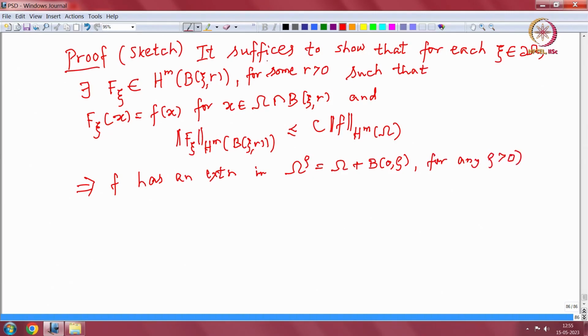So, if this condition is satisfied, then we obtain an extension in this rho neighborhood of omega.